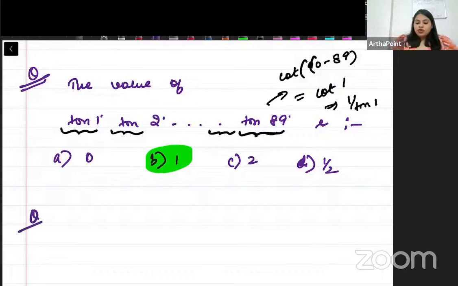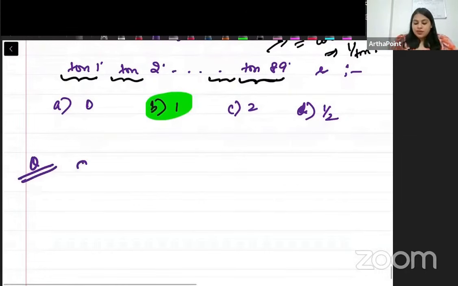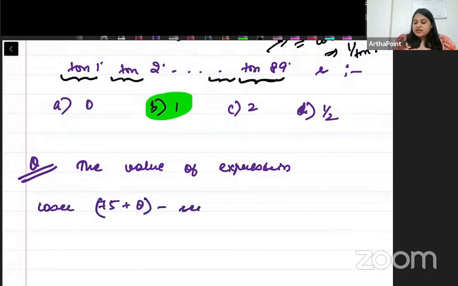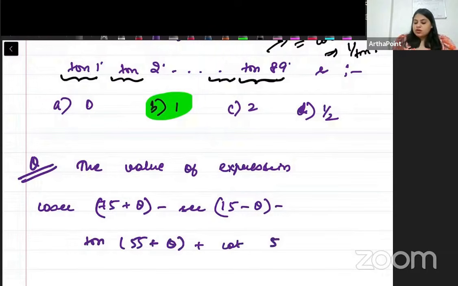One more question that I want you to try. The value of the expression cosec(75 plus theta) minus sec(15 minus theta) minus tan(55 plus theta) plus cot(35 minus theta) is.